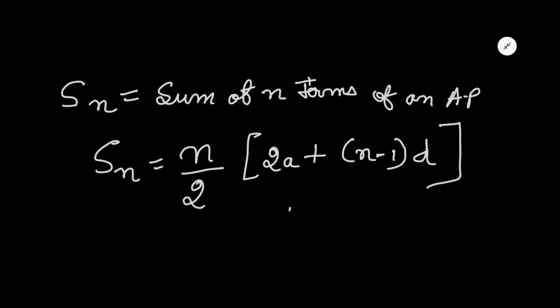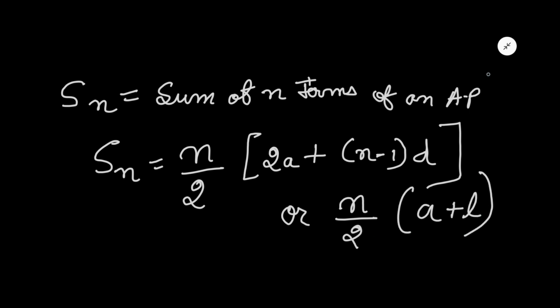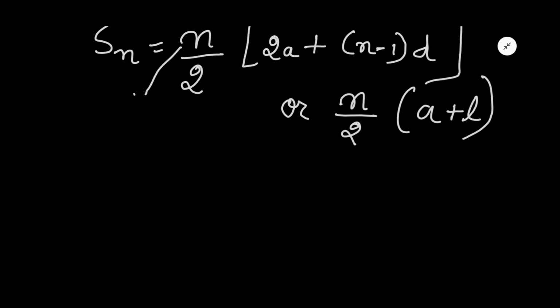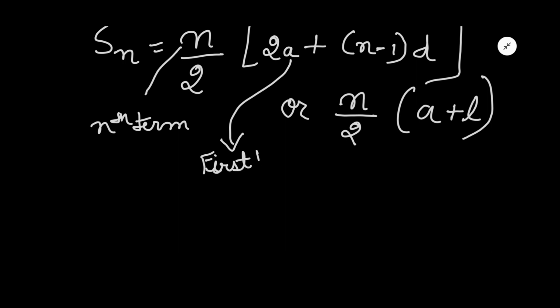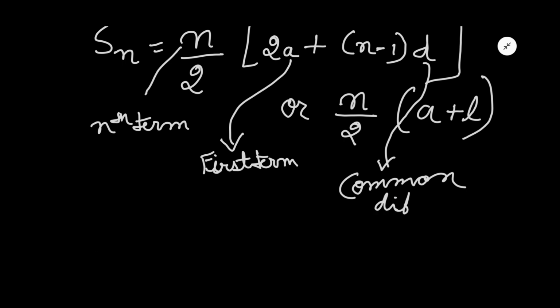And there is one more formula, which is n by 2 into a plus l. So here n is the number of terms, a you guys know as first term, d is our common difference, l is last term.